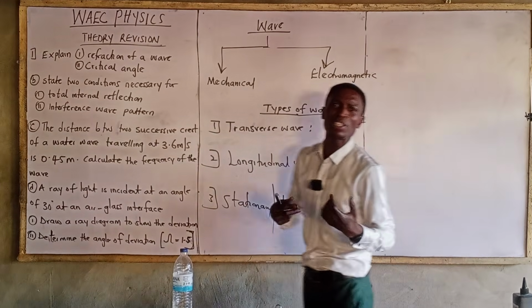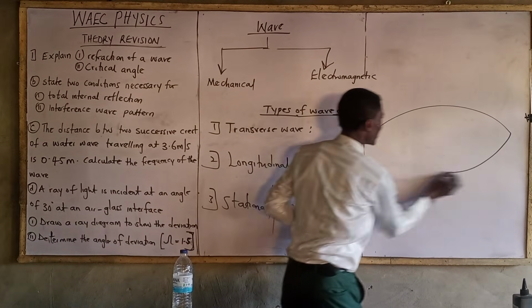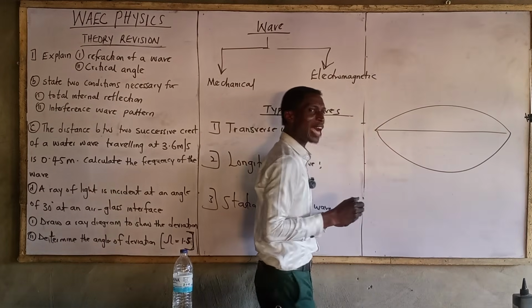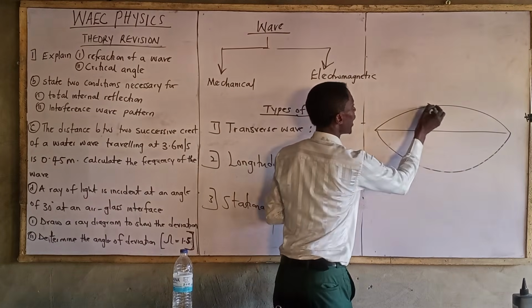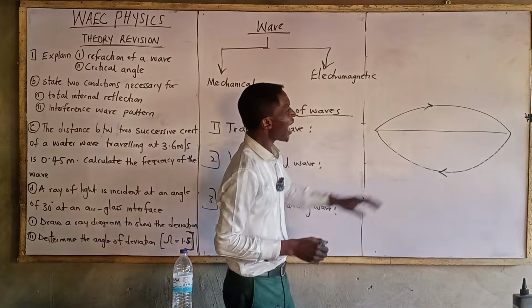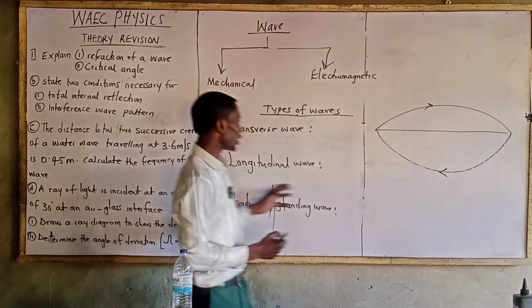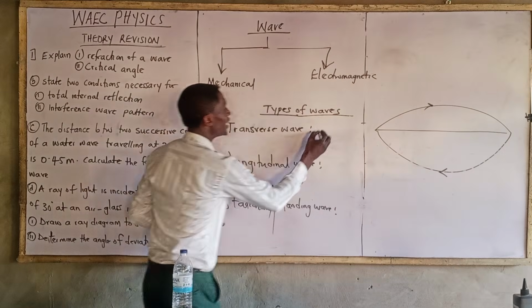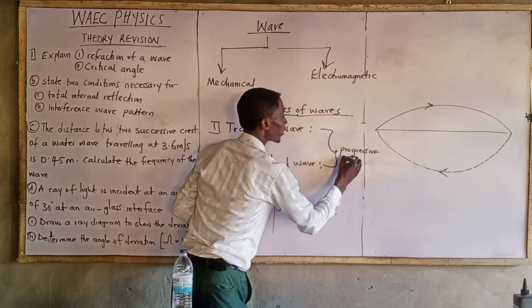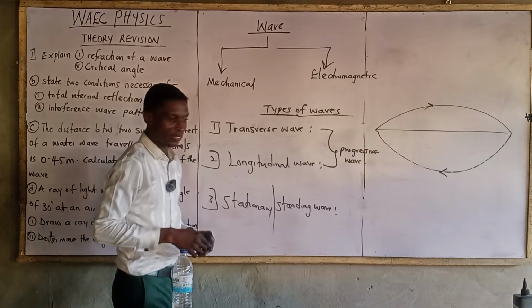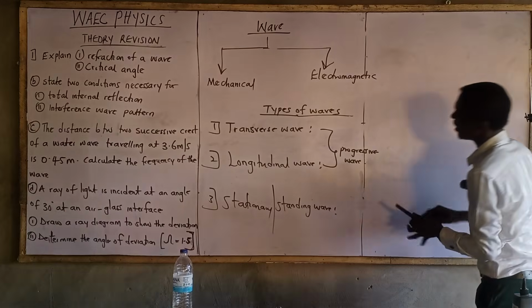A good example is when you have a string and you pluck it. Actually, it is one wave, but the other is a reflected wave in the opposite direction, having the same properties and combined together, so it appears stationary or standing. Of course, these two can also be called progressive waves.